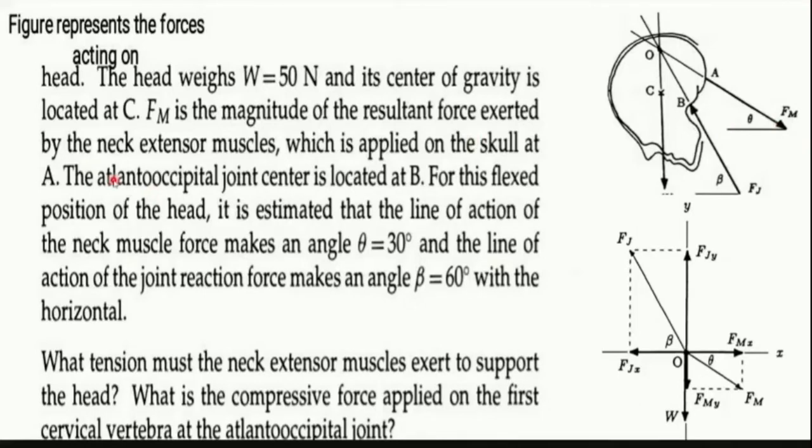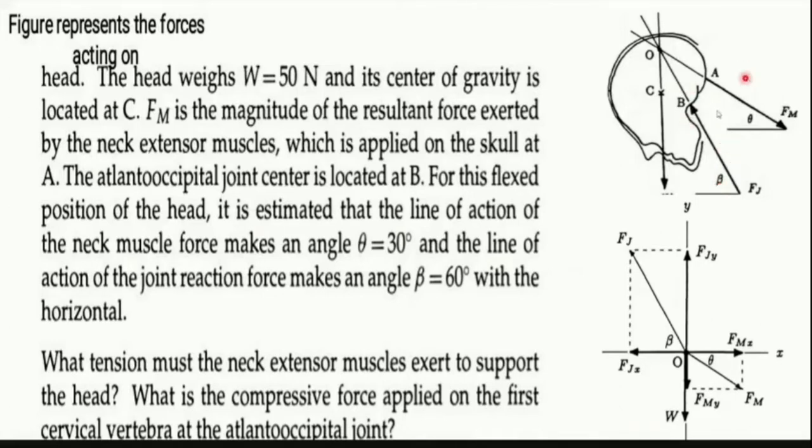So now we'll analyze the problem. Fm is acting at A and it is acting outward and it makes an angle theta with the horizontal. Next, Fj is acting at B. The direction of Fj is opposite to direction of Fm as already discussed, and Fm is making theta and Fj is making beta with the horizontal, right?